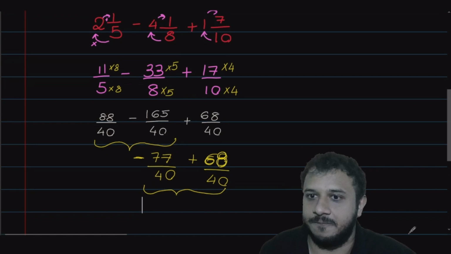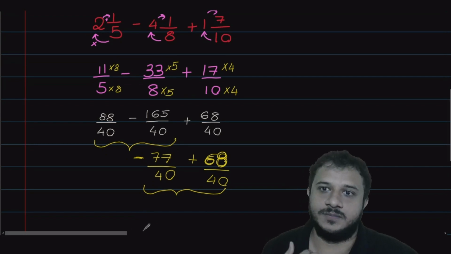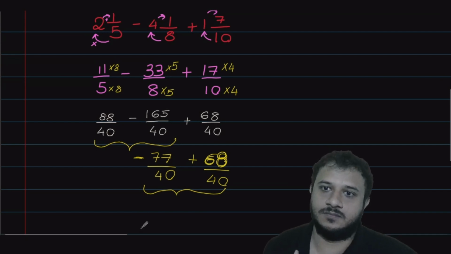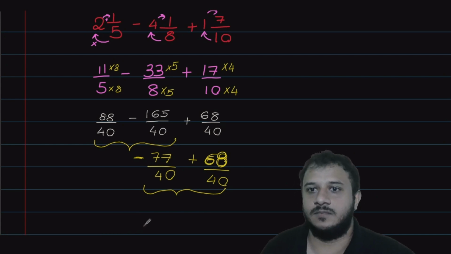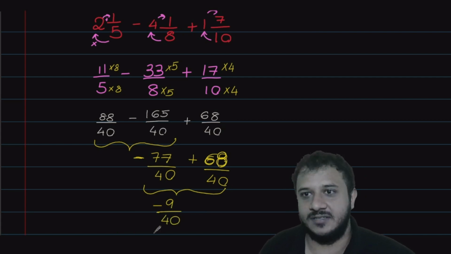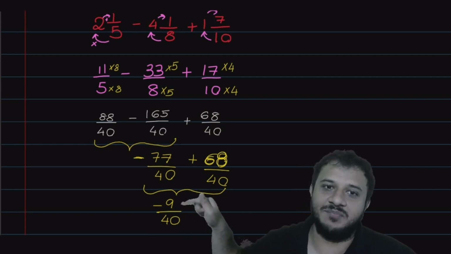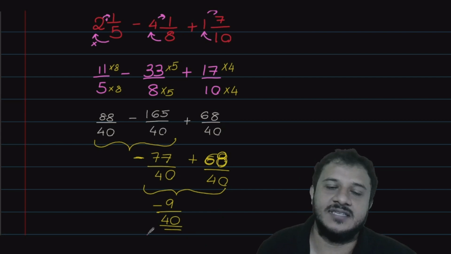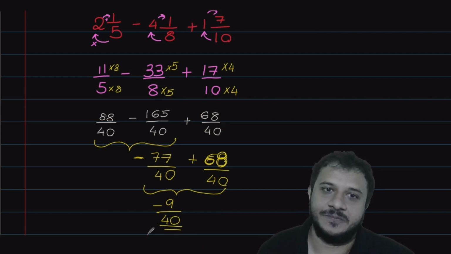But what negative? Negative 9. That is correct. Negative 9 out of 40. Can we do any simplifications here? No. So the answer is negative 9 out of 40.